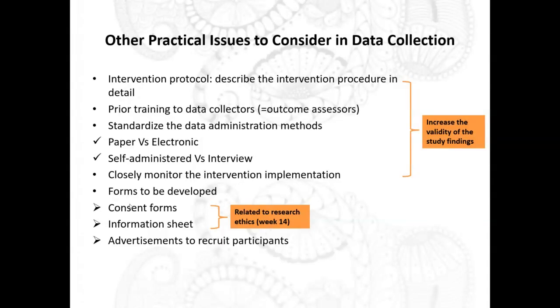So we give them an information sheet, and in the information sheet, we state the purpose, the benefits, potential harms, and also when and where they can get help if they have any problems about the study.